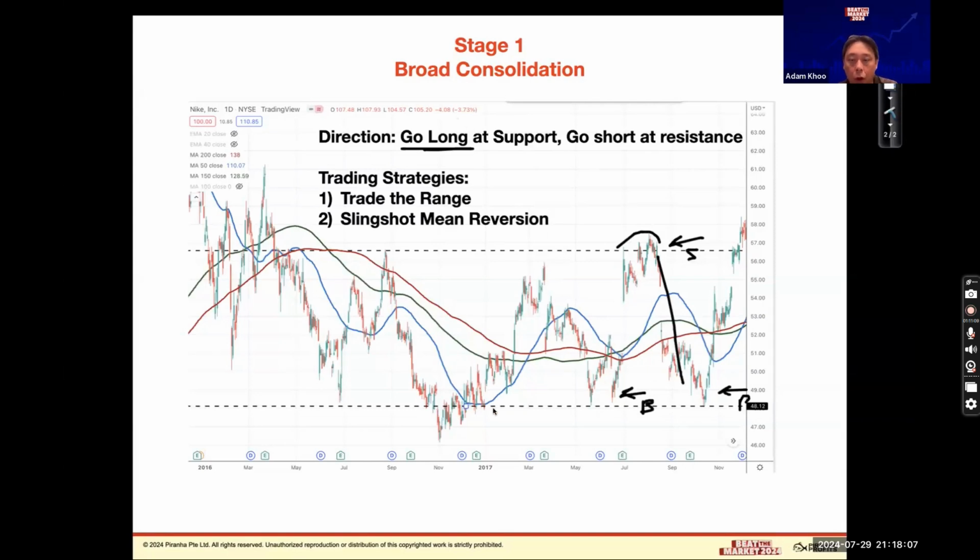So you long at support, short at resistance. Okay. But generally, if the overall market is in a bull market, like now, I generally prefer to go long at the support and not so much short at the resistance. Because in a bull market, there's a high chance it could break the resistance easily and start a stage 2 uptrend. Okay?